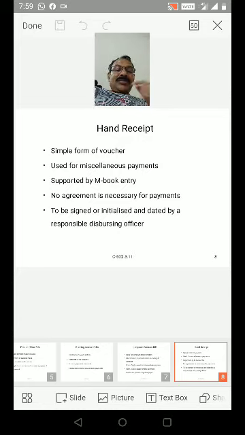This is the hand receipt: a simple form of voucher, used for miscellaneous payments, supported by M-book entry. No agreement is necessary for payments, to be signed or initialized and dated by a responsible disbursing officer. That is in the case of the hand receipt.